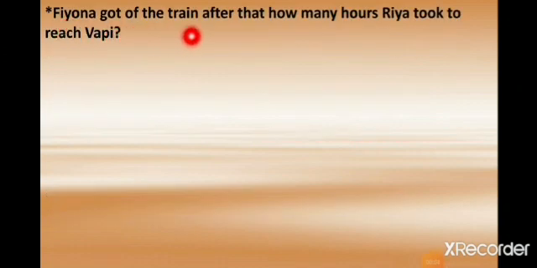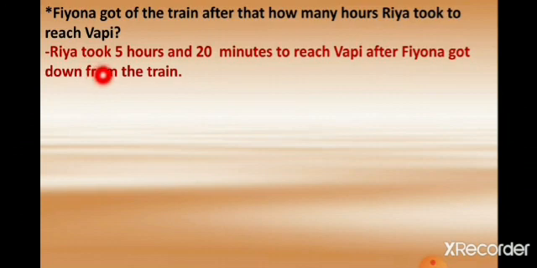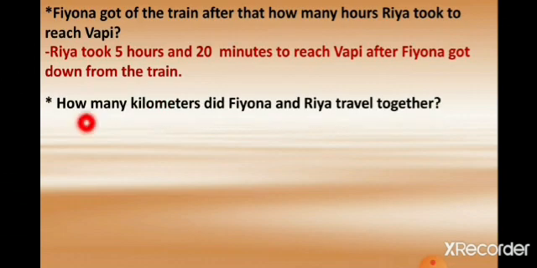Fiona got off the train. After that, how many hours Ria took to reach Vapi? So Ria took 5 hours and 20 minutes to reach Vapi after Fiona got down from the train. And Fiona got down from the train from Nadiad station. How many kilometers did Fiona and Ria travel together?